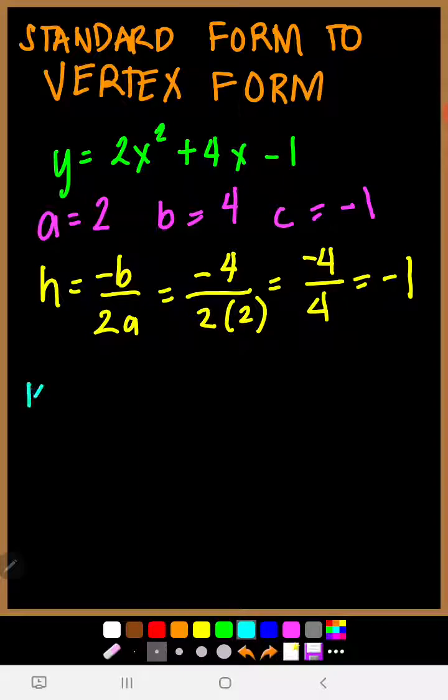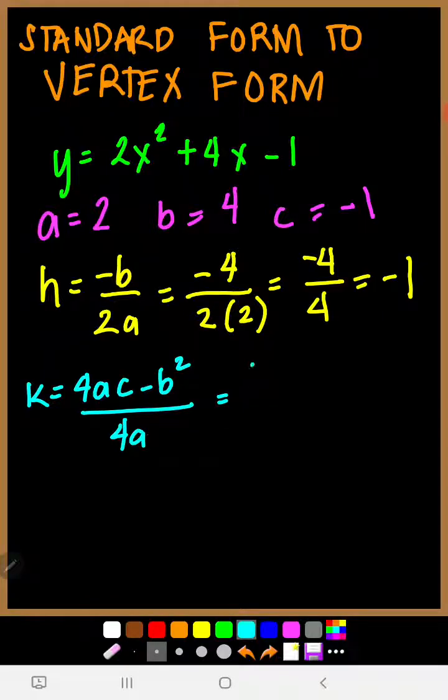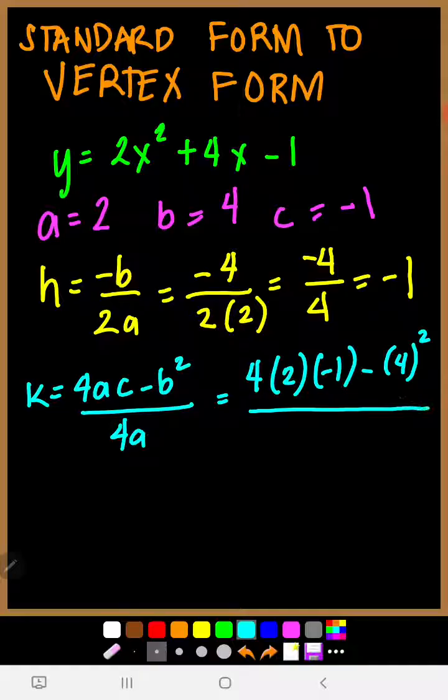For our k, that is 4ac minus b squared over 4a. So, 4, our a is 2, times c, which is negative 1, minus 4 squared over 4 times 2, which is our a.